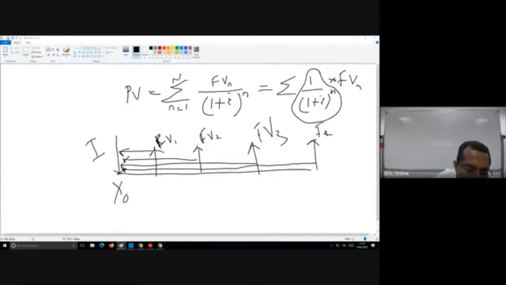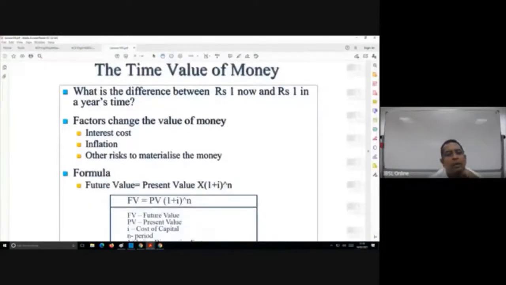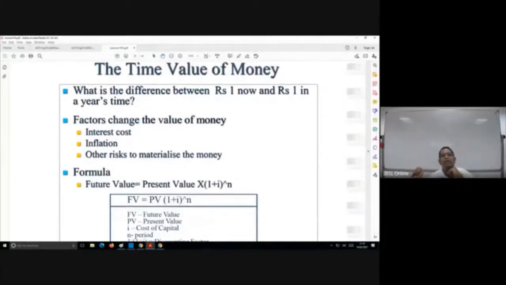Let's go to the right. What is the difference between 1 rupee now and 1 rupee in a year's time is the time value of money. Factors that change the value are interest cost, inflation, and the credit risk of whether the money will materialize.